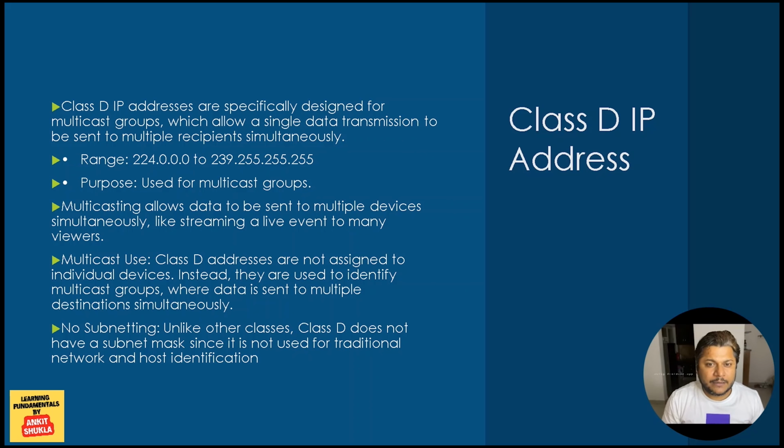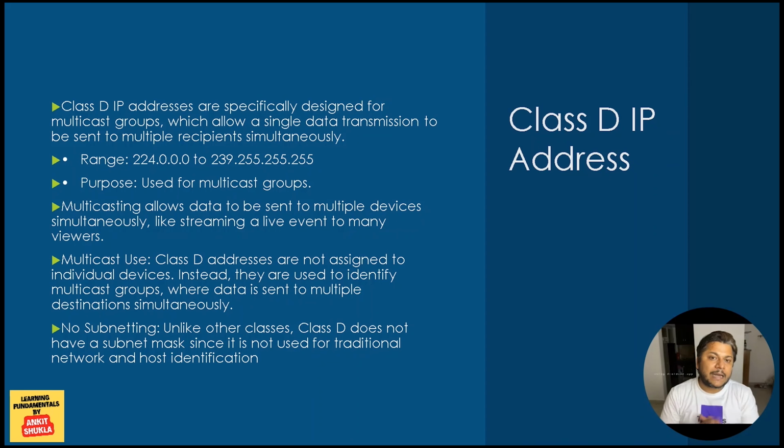This is a Class D address because the first octet 239 falls within the Class D range, which is 224 to 239. This address would be used to identify a multicast group rather than a specific device. Basically, these are identified through a multicast group channel rather than a specific individual device.